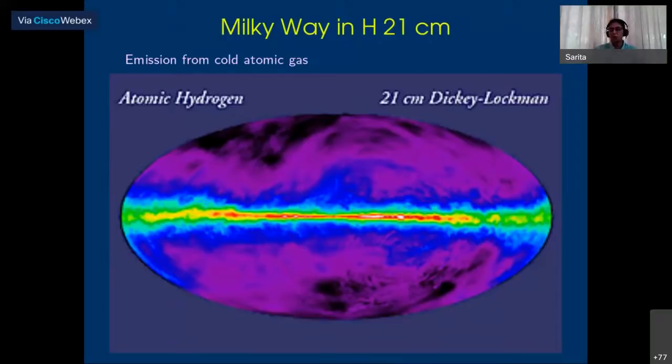Even for the earth, very often they put either a rectangular kind of projection or this kind of projection. So towards the center is where the center of our galaxy is, and this is the opposite direction, away from the galactic center. So it essentially closes in this direction. This shows that there is a lot of hydrogen gas in our galaxy, in the disk.